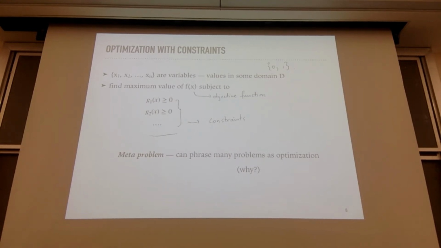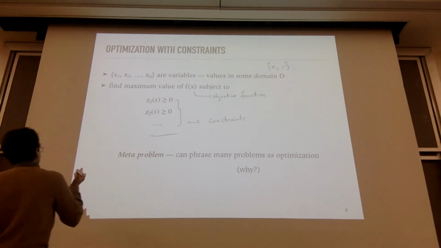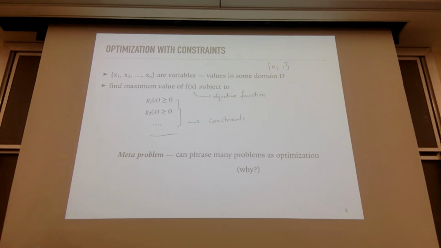And there are existing libraries that can solve these kinds of problems for many classes of these. So this is the reason you might want to phrase problems as optimization problems when you face something in practice, because there are established techniques for doing this.